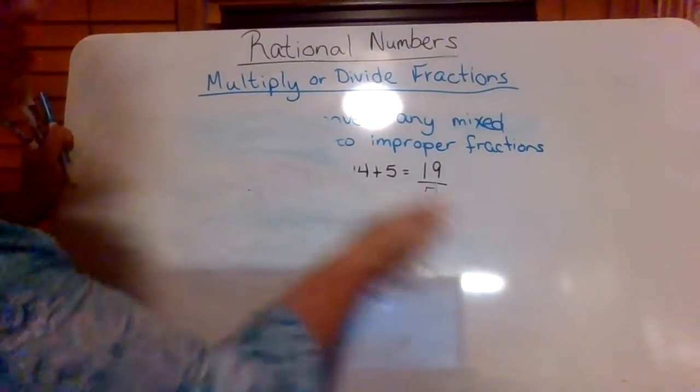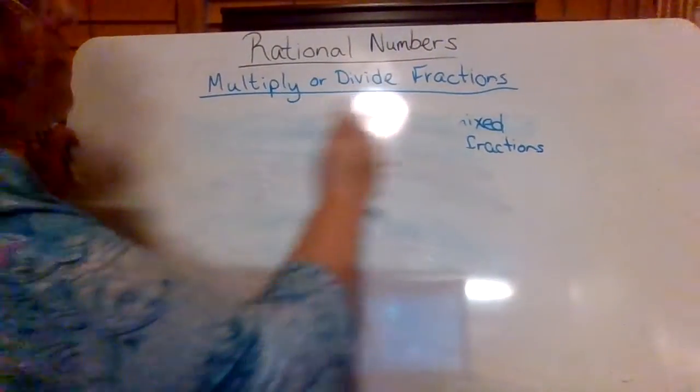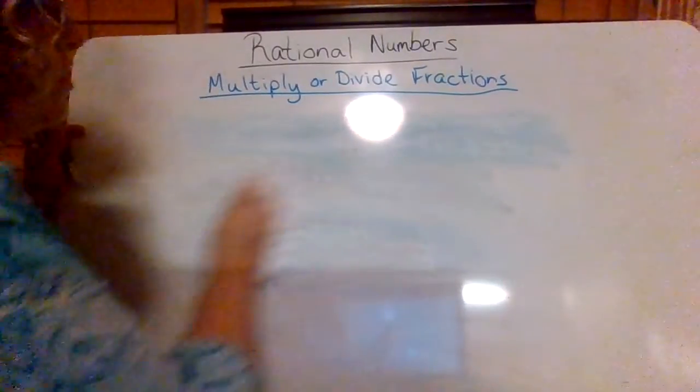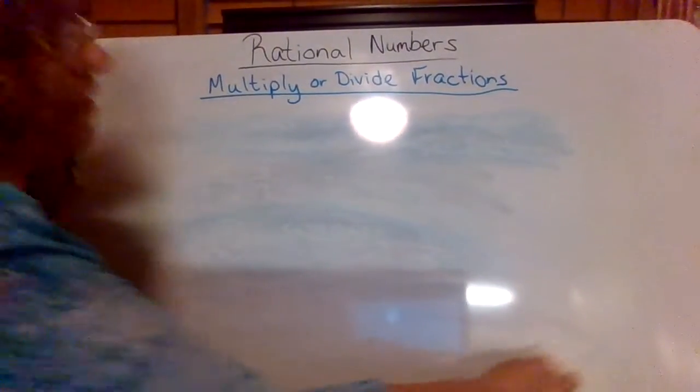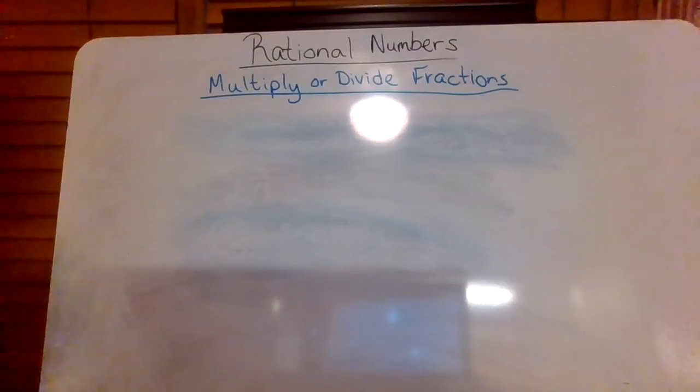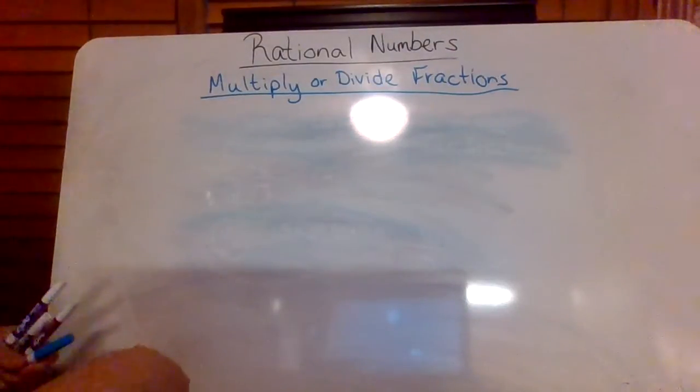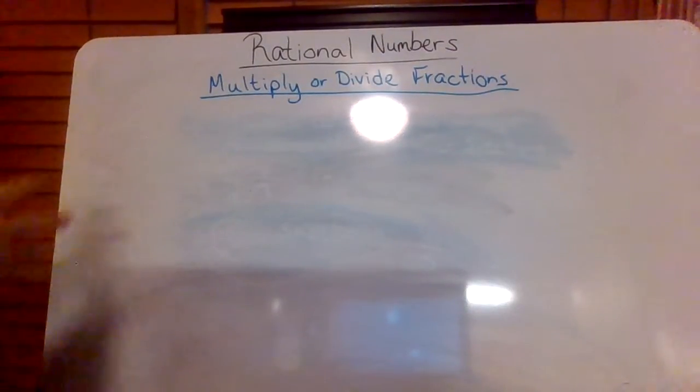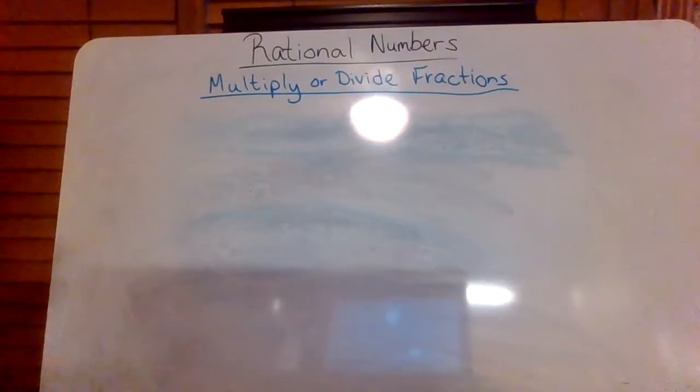And there's some little videos that I've embedded in your Google slide with your practice work that you can watch again. You can always come back and look at me do it again. So there's plenty of different things for you to look at if you forget. All right, so let's talk about multiplying.